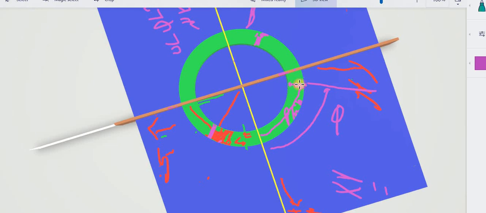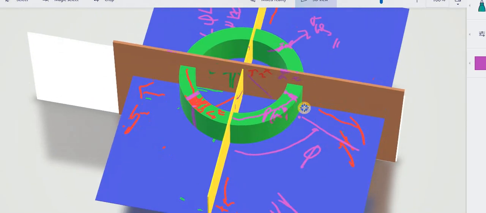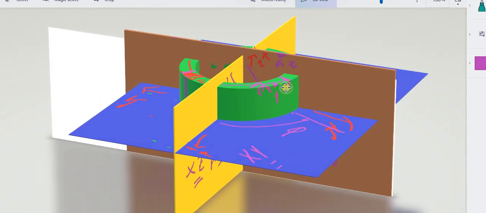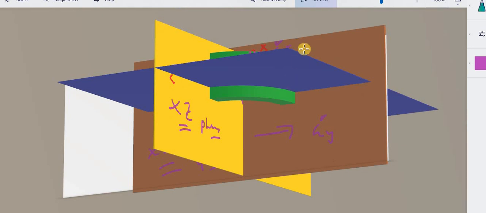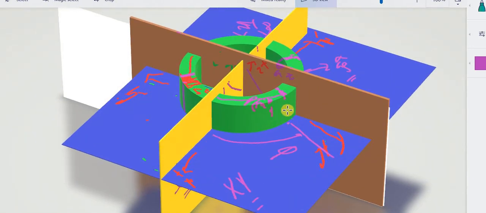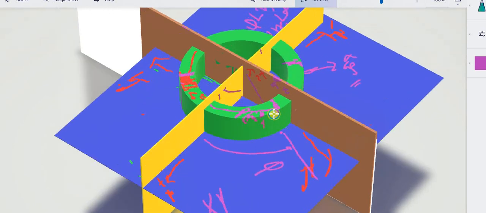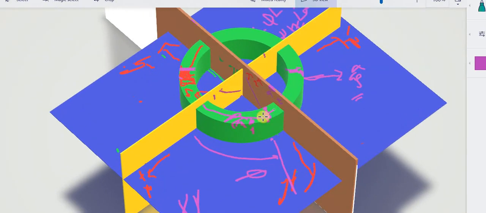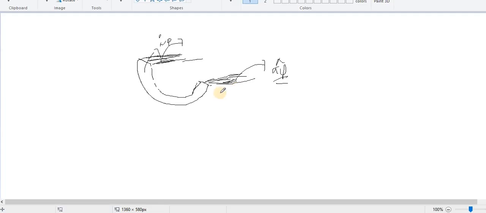So rho is changing and z is also changing, so the direction will be in this way. What will be the configuration?